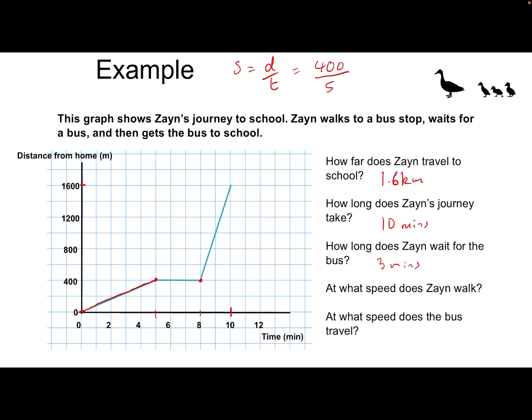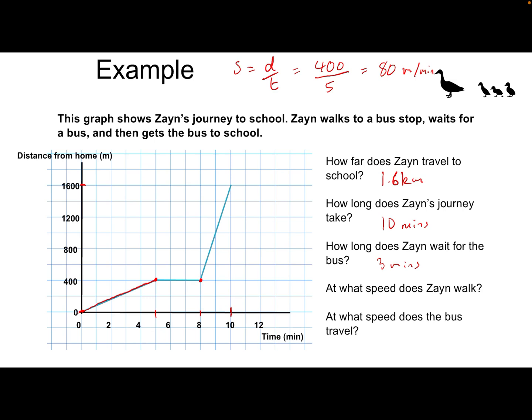But be very, very careful, okay? We're not going to give it as 400 divided by 5. 400 divided by 5 is equal to 80, but the unit there would be meters per minute. That'd be a very weird way to give a measure of speed.